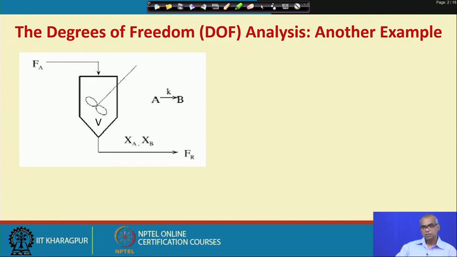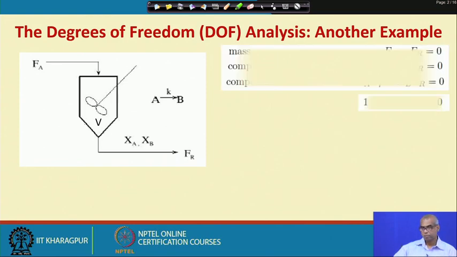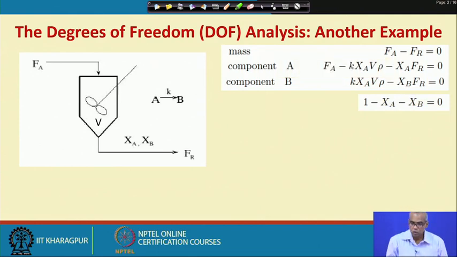In the outlet stream, the flow rate is FR, in units of mass per time, and let us say the mole fractions of A and B are XA and XB in the outlet stream. So, the mass balance equation that you will write is FA equals FR, considering steady state operation, or FA minus FR equals 0.